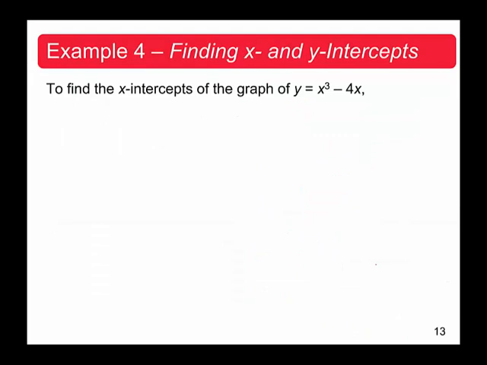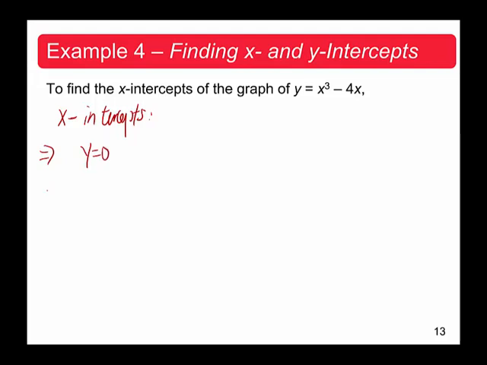Okay, so now let's take a look at this. Let's find the x-intercepts, could be multiple x-intercepts here, of the graph y equal to x to the third minus 4x. So in order to find the x-intercept, in this case we have multiple of them. So we will need to set y equal to 0 and then solve for x.